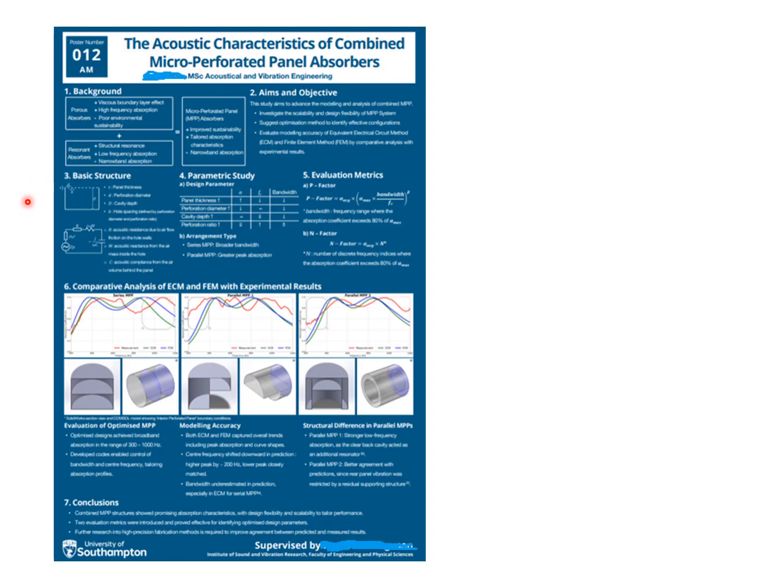Then we have the basic structure, parametric study, evaluation of metrics, comparative analytics, some evaluation, modelling accuracy, and structural difference in parallel MPPs, and then their conclusions. So really there's a sense of completeness in this, taking us through from the background. We can see then we're getting into different results, and then we can see where we're getting conclusions. This is really important. There seems like a nice balance between the different sections as well.